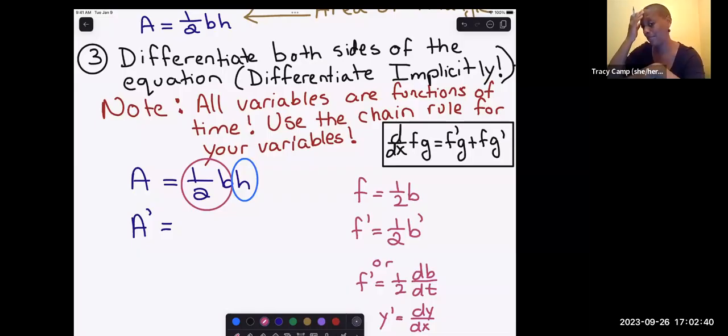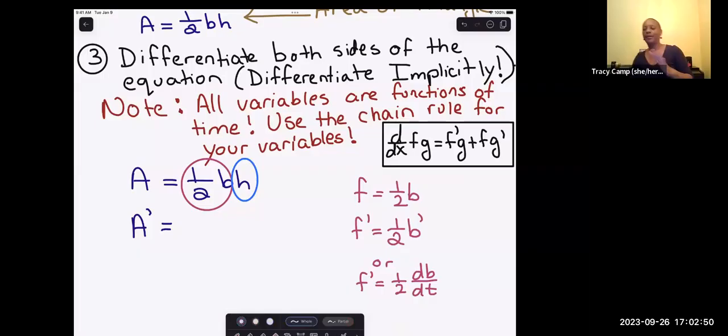Some people write dB dt instead of B prime. I like to write B prime because that's less writing. But some people like to put that dt down there just to remind ourselves that we're dealing with a function of time. So you can either write 1/2 B prime or 1/2 dB dt.